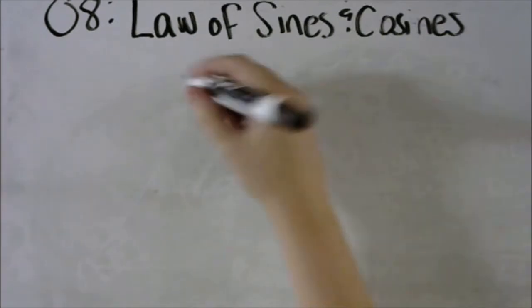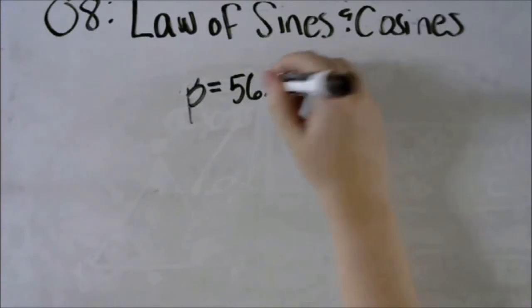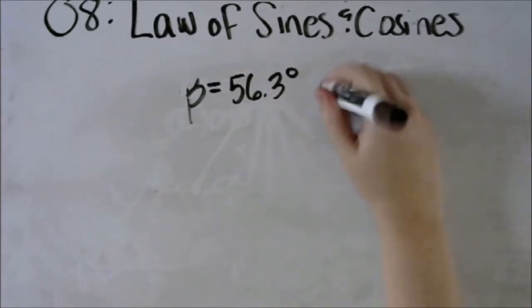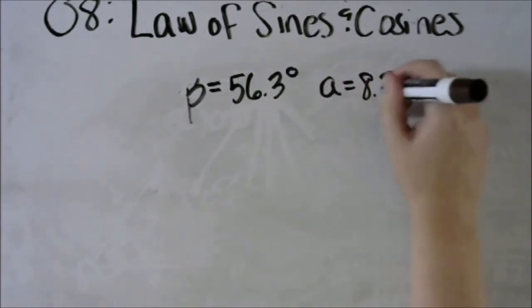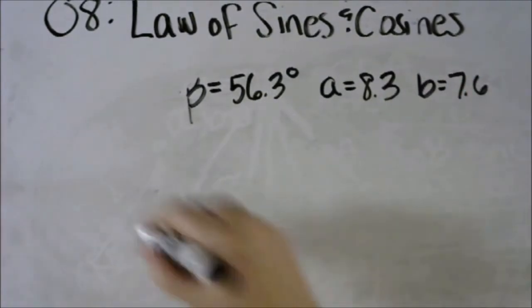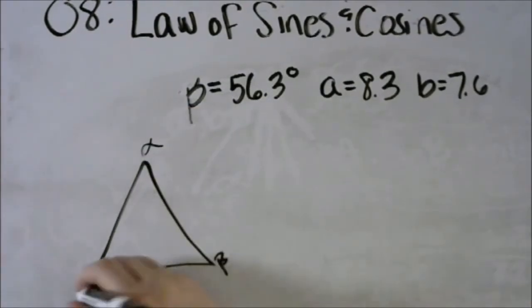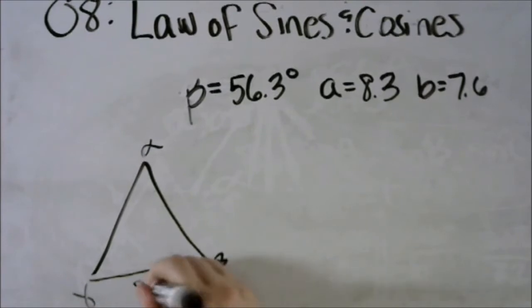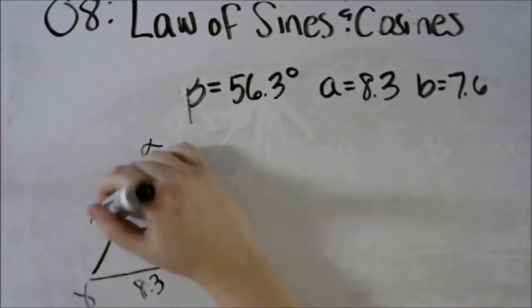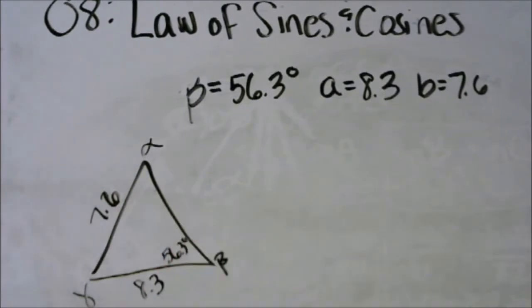So given beta is equal to 56.3 degrees, A is equal to 8.3, and B is equal to 7.6, we need to solve the triangle. Again, I like to draw an equilateral as my base diagram and then fill it in with the given information. So alpha, beta, gamma, I know 8.3, I know 7.6, and I know 56.3 degrees.